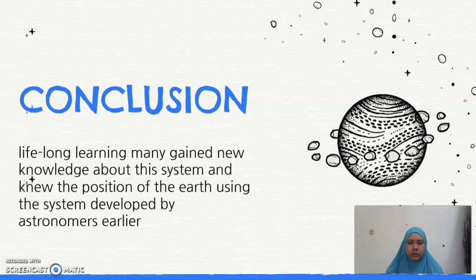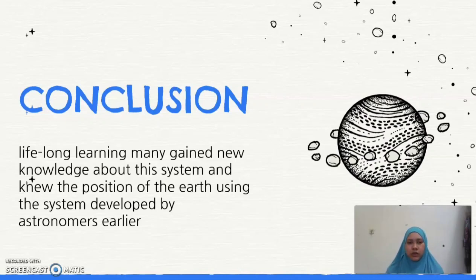Problem-based learning can help others and me to gain new knowledge about these systems. I know the position of the Earth using the systems developed by astronomers earlier.